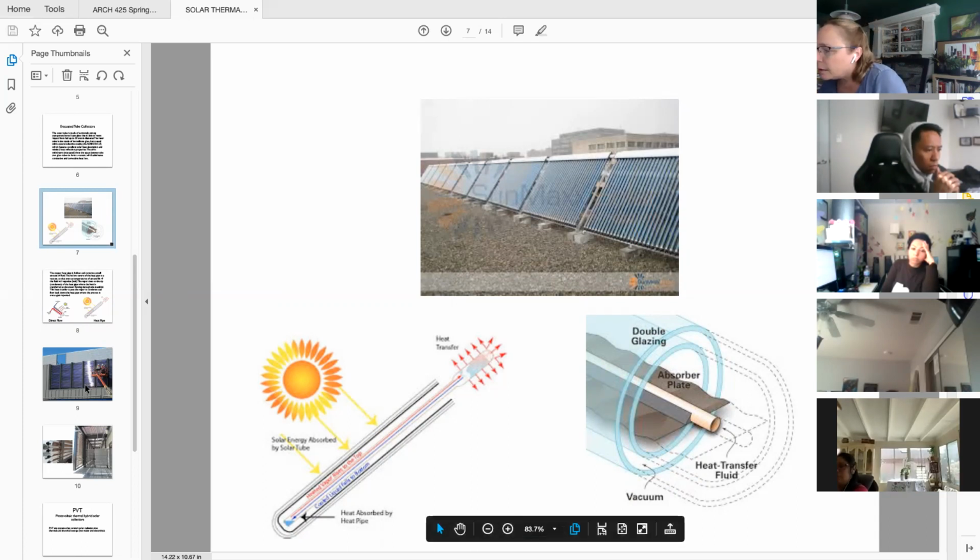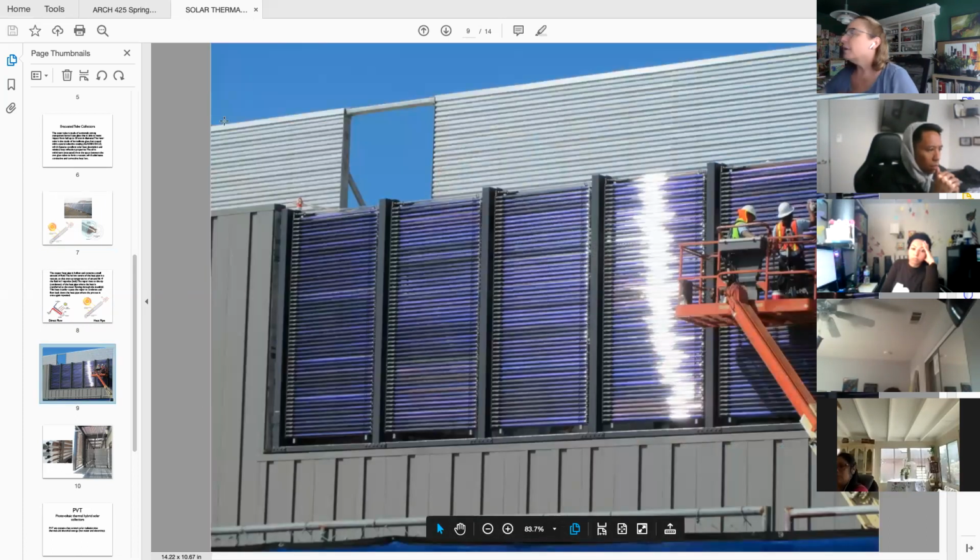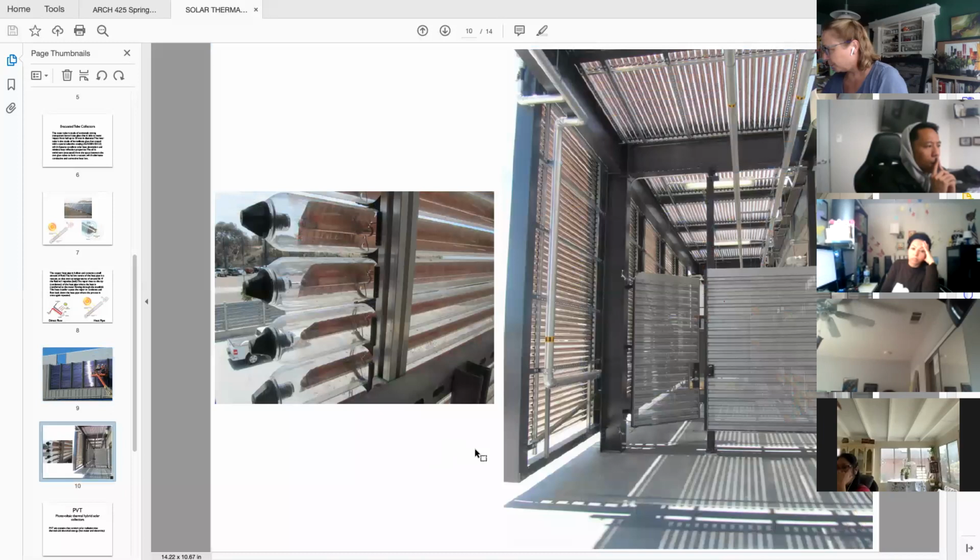The other thing is they can also become fairly decorative. This is actually a project in San Diego, at Mesa College, and the arrays here are mounted vertically, and they're creating a mechanical shade structure to hide the mechanical equipment on the back of the building.